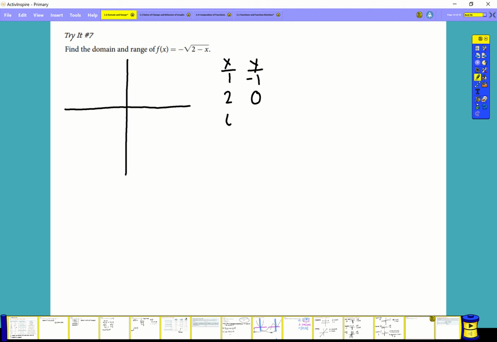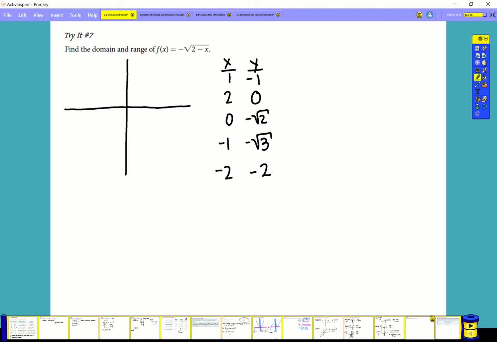So what about 0? 2 minus nothing is 2, so negative square root of 2. 2 minus negative 1 is 2 plus 1, which is negative square root of 3. What about negative 2? 2 minus negative 2 is 2 plus 2. So that's negative square root of 4. So that gives me negative 2.